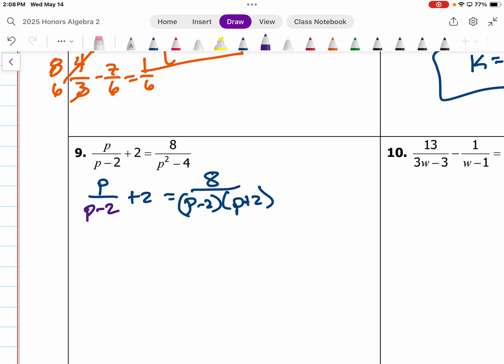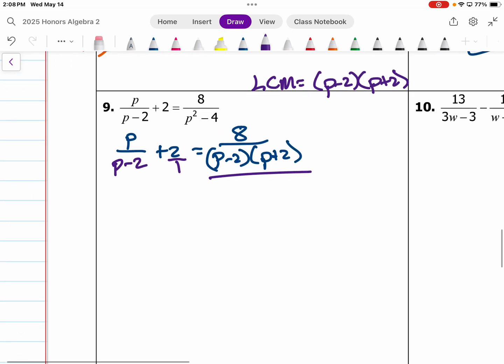So, when I look at this, the P minus 2 times P plus 2, that's the least common multiple. Because the 2 is just over 1, so I don't have to worry about its denominator being involved in the least common multiple. The other denominator is one of those two things. So, I'm going to multiply everybody by P minus 2 times P plus 2. That's what I'm going to set it up as.